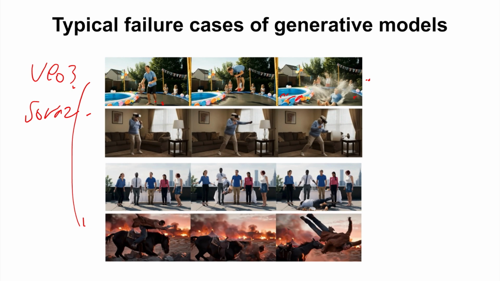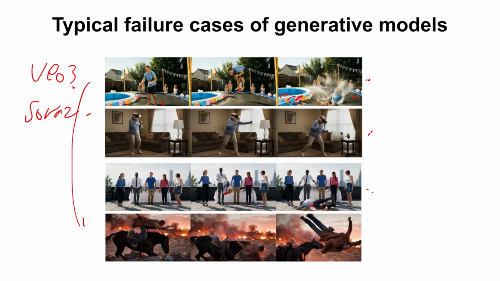And in this one, a woman is punching the air. It does not hit the light, but the light falls down as if she punched it. Or here, there are many people jumping together, but suddenly a new person comes out, and then the new person just falls down.